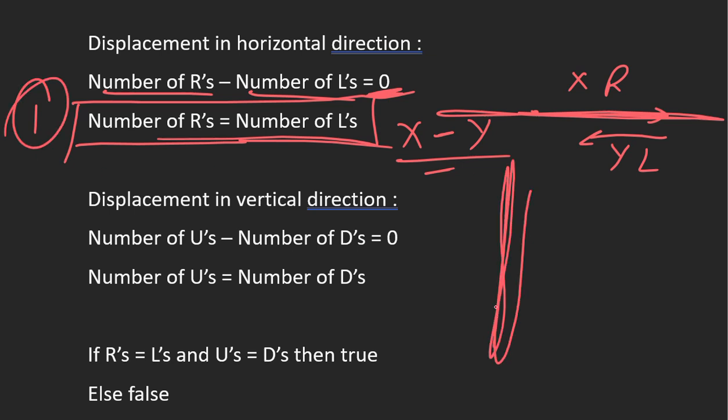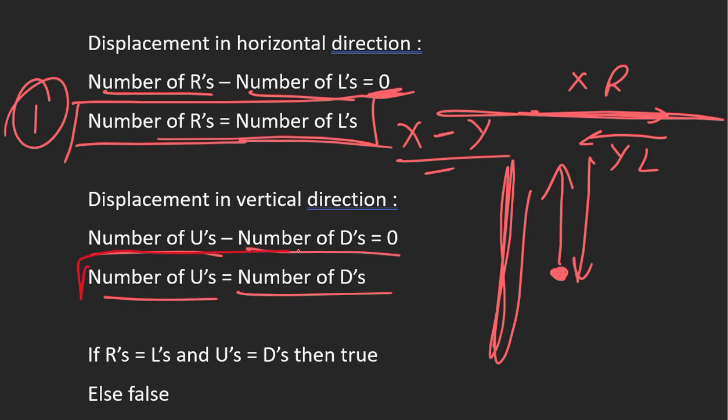Similarly, in the vertical direction, net displacement should be 0, that is the number of steps it moves in the up direction should be equal to the number of steps moving in the down direction. That is, number of ups equals number of downs. This is condition number 2.